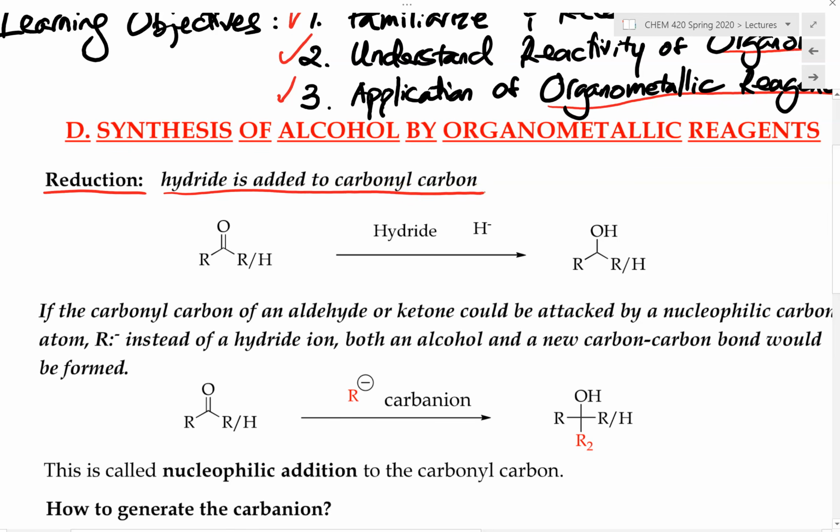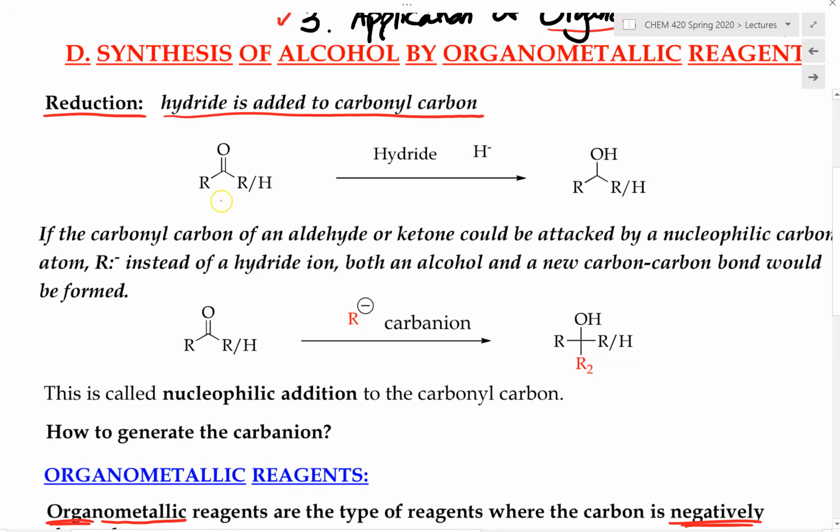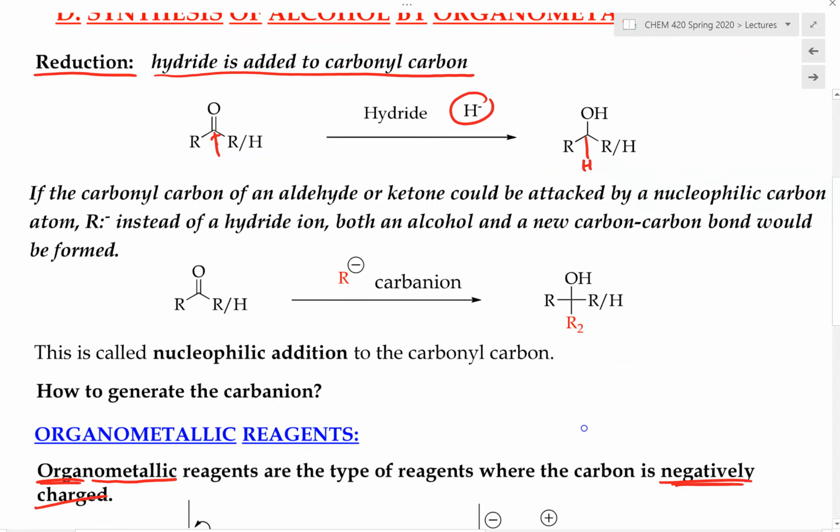In that process, hydrogen is added to the carbonyl carbon, and that is classified as a reduction reaction. So if we take our carbonyl derivative and react it with a source of hydride, the hydride will be added to this carbonyl carbon, producing this product over here, where we now have a hydride in there. Essentially, this is a reduction reaction.